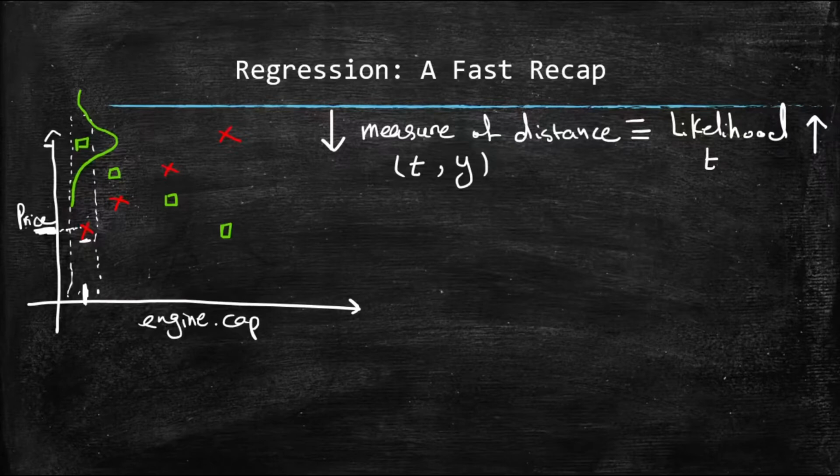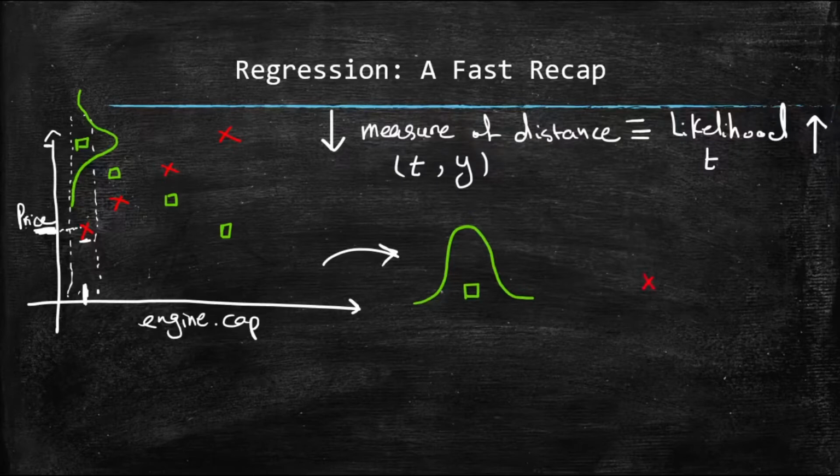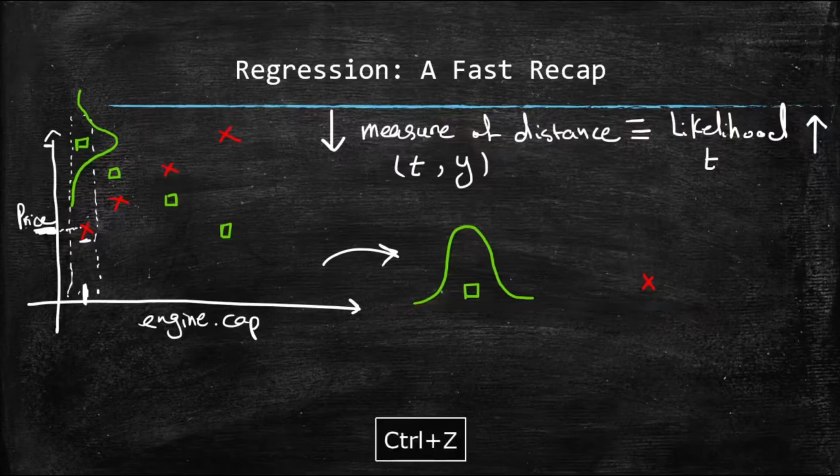So if I were to transfer this whole thing into a simpler, horizontal view, you have a Gaussian like this, and this is the center of the Gaussian, and you have a value here. Maybe I should use a different color.